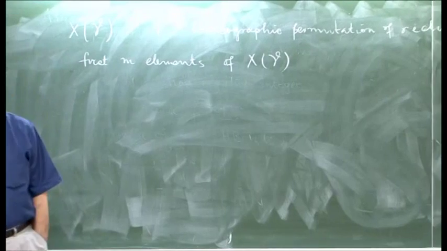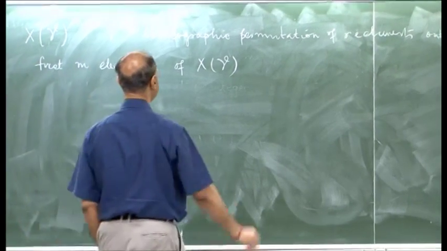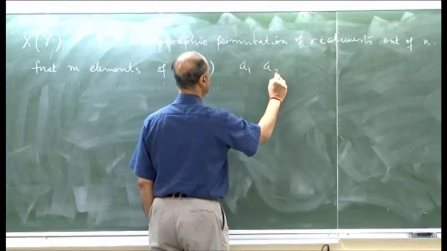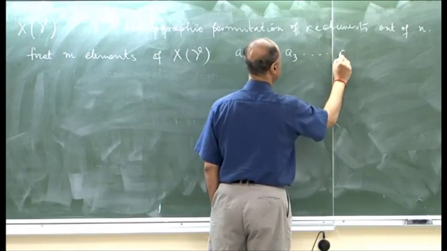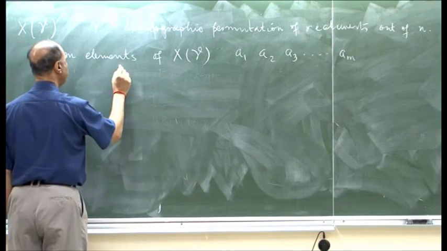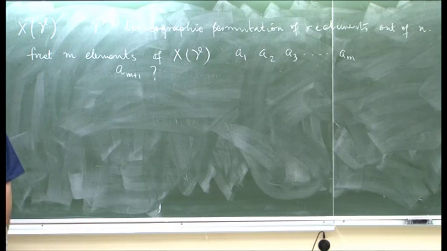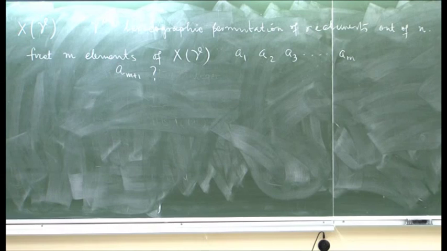I want to find out what is the m plus 1th element. Let us assume these are a1, a2, a3, up to am. Now I have to find out what is am plus 1. If I can find am plus 1, then I can do it for any m, and that will give me the lexicographic permutation x gamma.